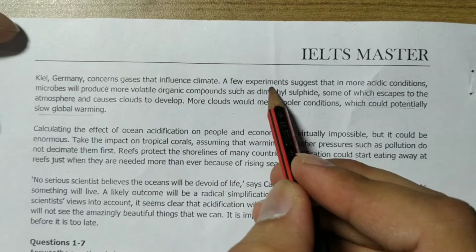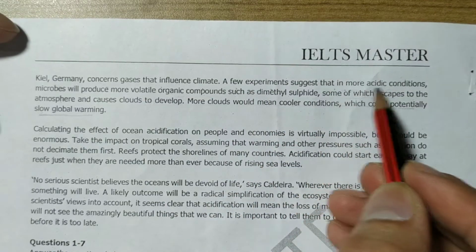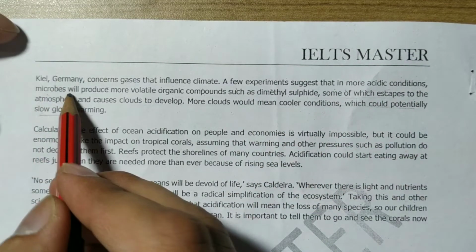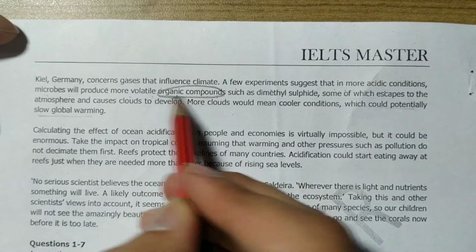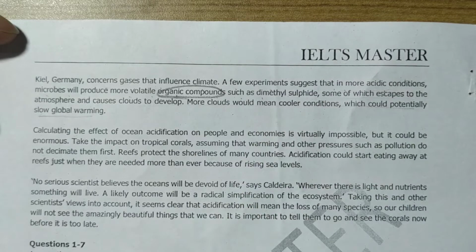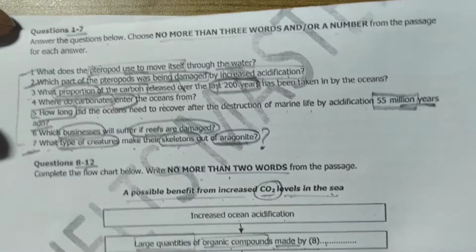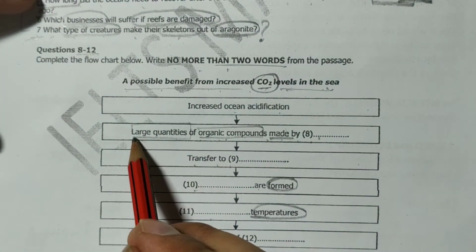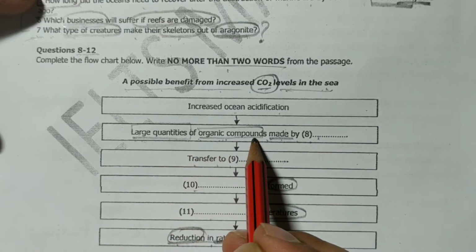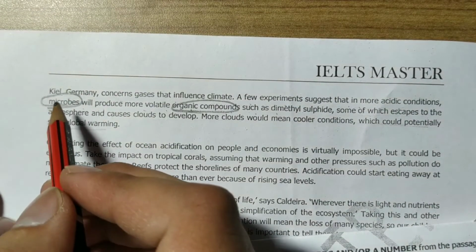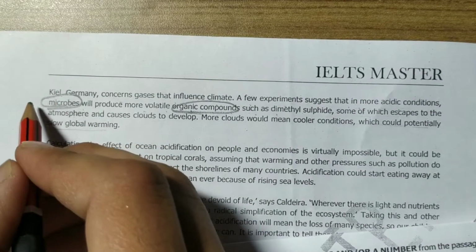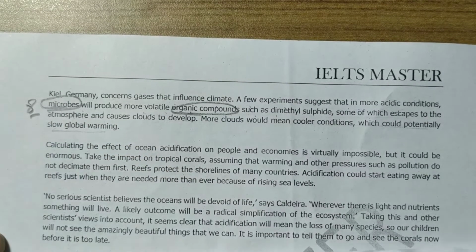A few experiments suggest that in more acidic conditions, microbes will produce more volatile organic compounds. Large quantities of organic compounds made by microbes. My answer is microbes for the eighth.